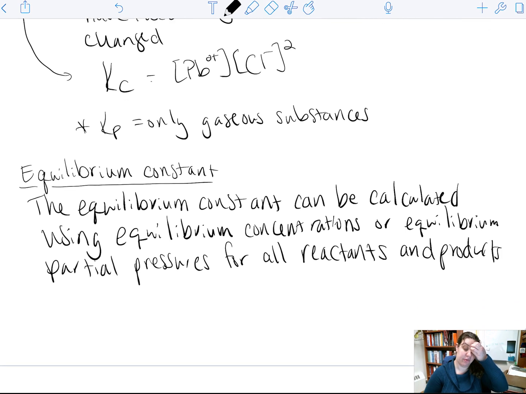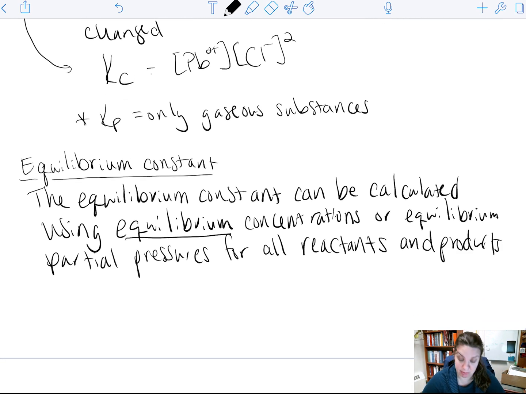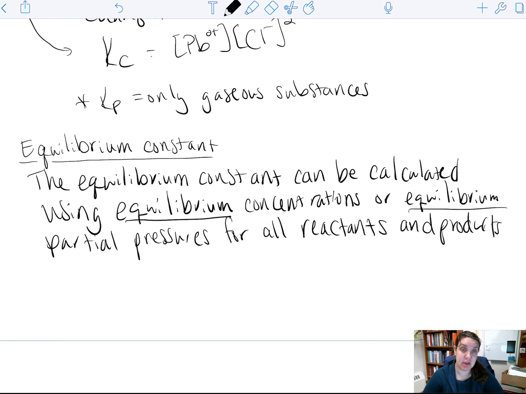So as long as we have all of those equilibrium concentrations or equilibrium partial pressures, we can put them into our equilibrium expression and solve for our Kc or our Kp.